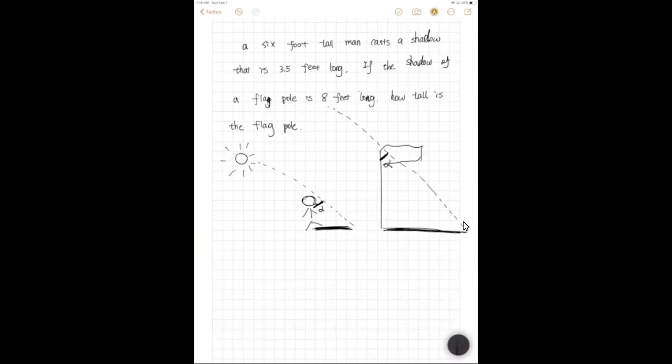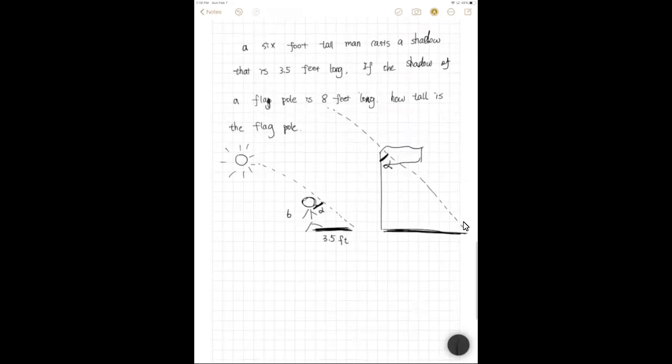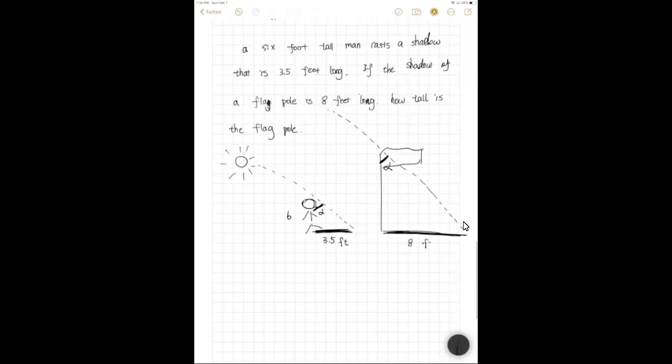The measurement should be the same. We know that the shadow of the man is 3.5 feet long and the man is 6 feet tall, and the shadow of the pole is 8 feet long. Okay, so what do we know?